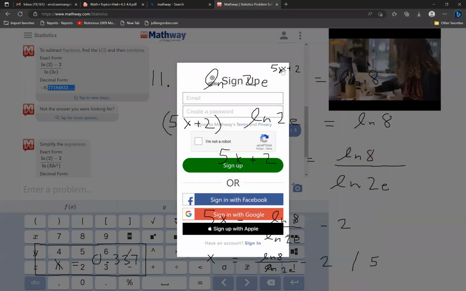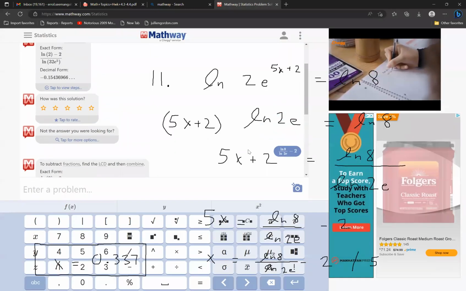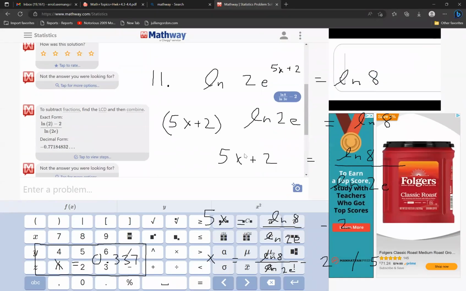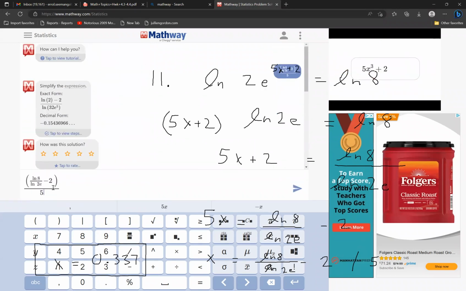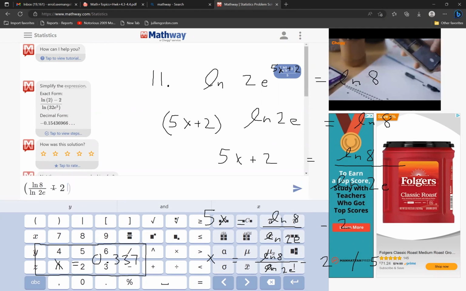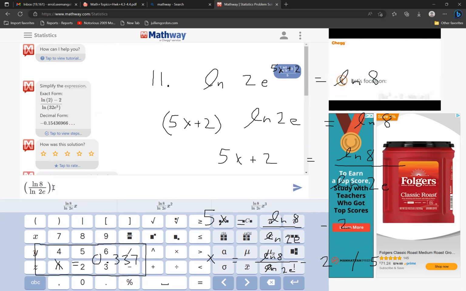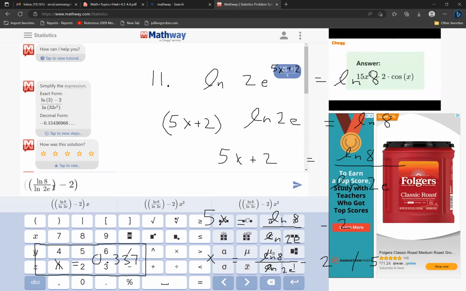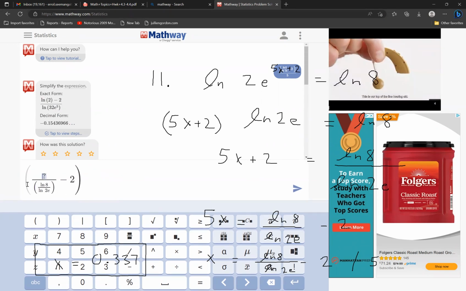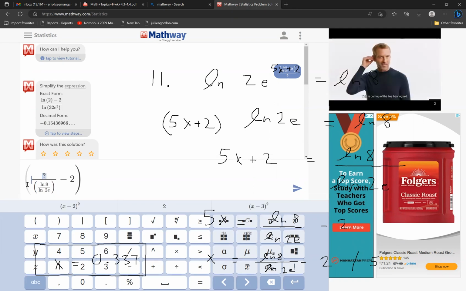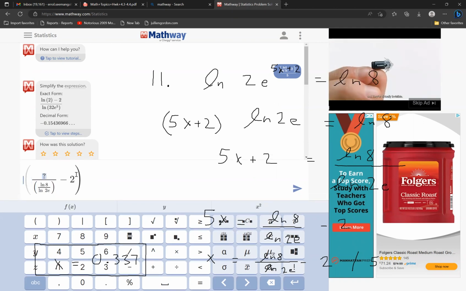I'm entering it in Mathway the wrong way. I want to put brackets around that, then minus 2. Then I'm going to divide the whole thing by 5. I'm screwing this up.